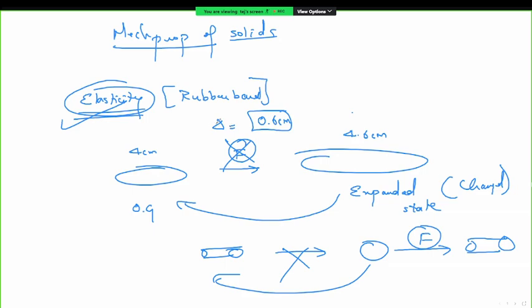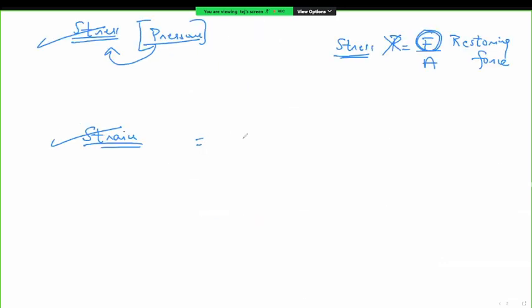So I draw a triangle. Now, this is the best example for strain. Listen up. Initially, it was 4. You applied some force. That force caused some change. How much was the change? 0.6. So totally, the rubber band expanded and became 4.6 centimeters. This is the story. Strain is nothing but the change relative to the original.